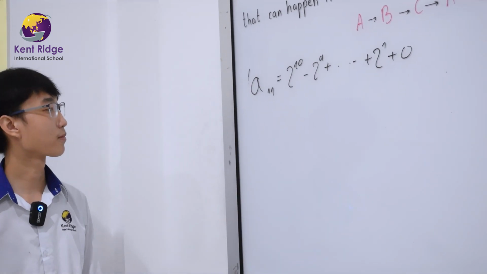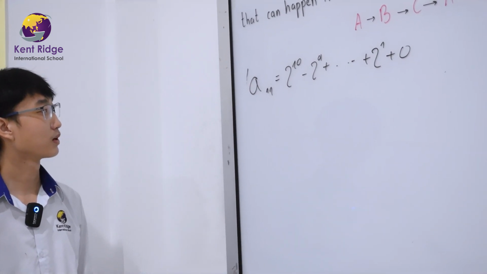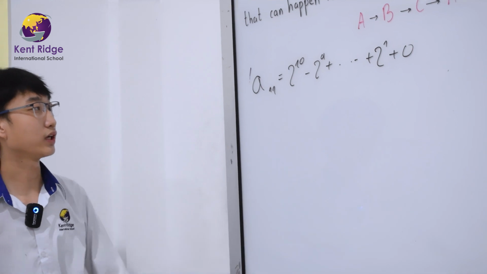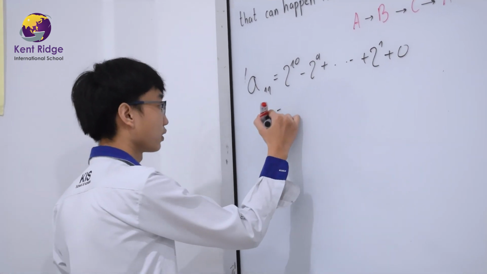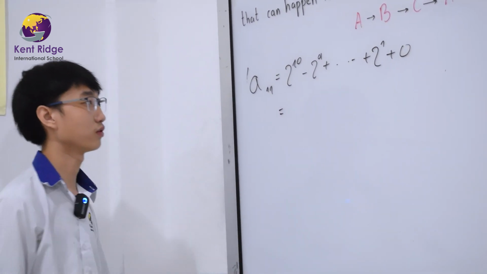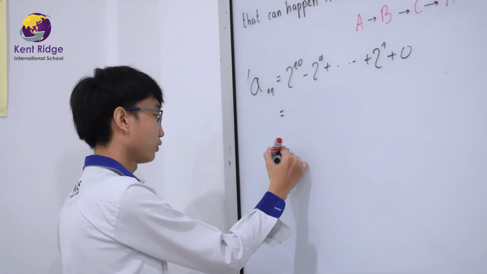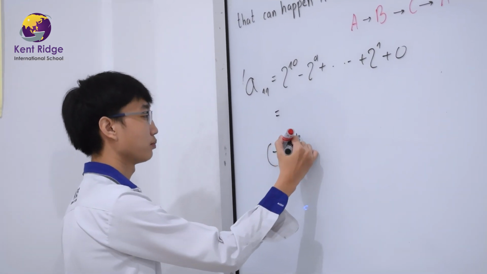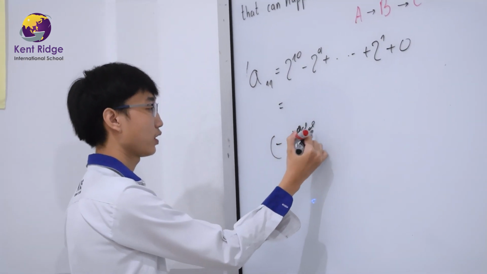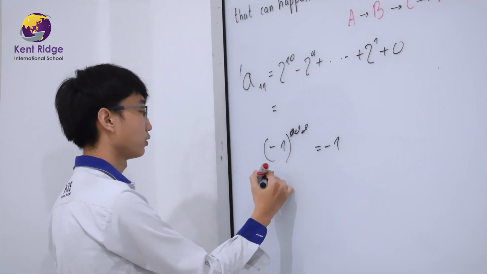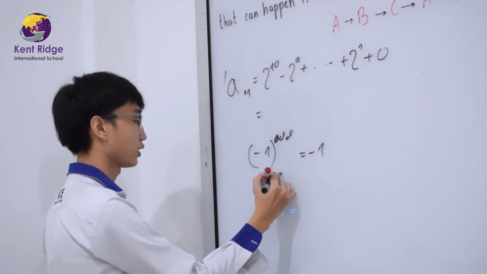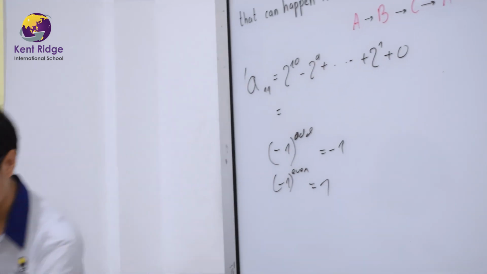Okay. I don't like the alternating sign, so what we can recognize is that negative 1 to the power of an odd number would be equal to negative 1. Negative 1 to the power of an even number is 1.